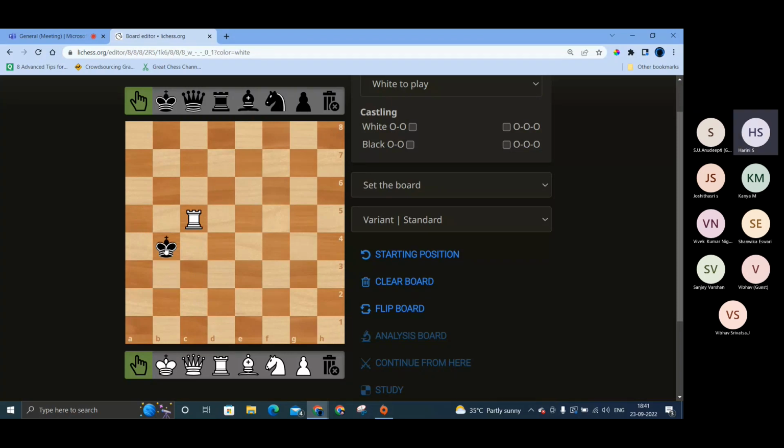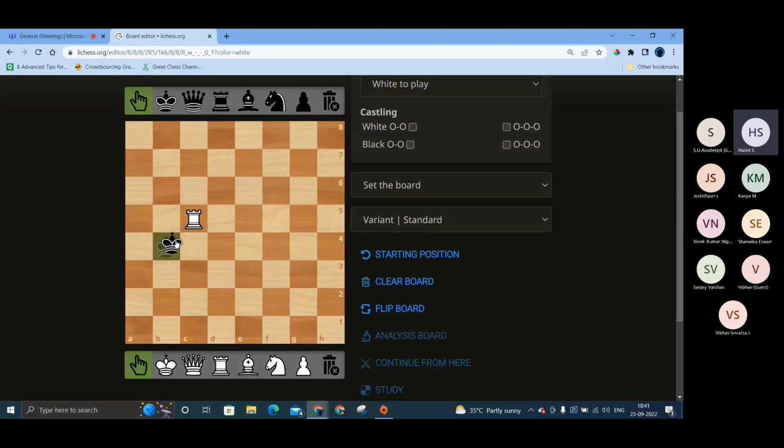So now in next move, he can capture this because it's on the king's way. Note, he cannot move to these squares, 1, 2, not possible because the rook is controlling, but he can capture the rook.